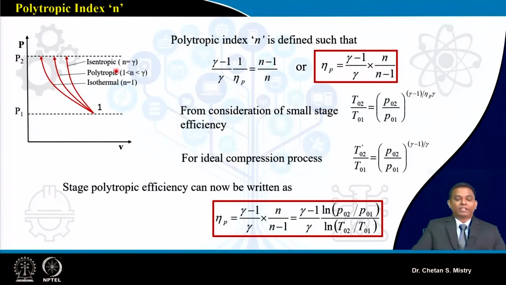For all these you can represent the index n. For the isentropic process, I put the polytropic index as gamma, for the polytropic process it will be within this range, and for the isothermal process we consider the product of pressure and volume to be constant.